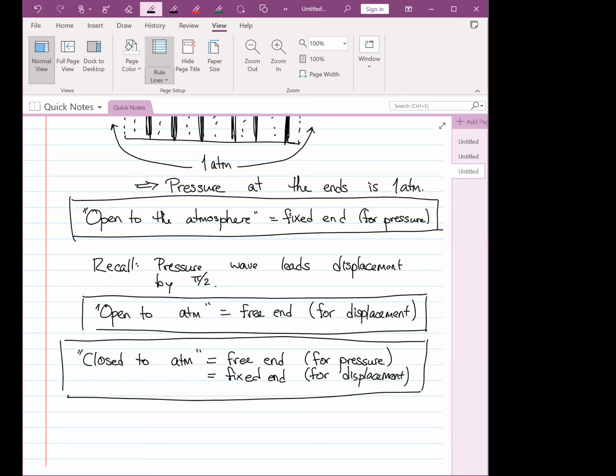The only time you don't get the same frequencies is when you have a fixed end and a free end. And so it doesn't matter whether open to the atmosphere is free or fixed. It just matters that you use the same type of wave description, either displacement or pressure, for both ends. And you just have to be consistent.